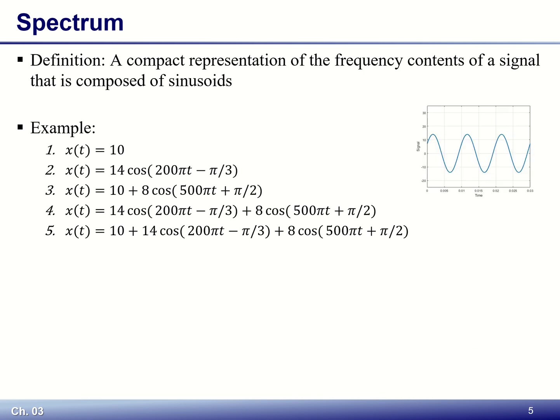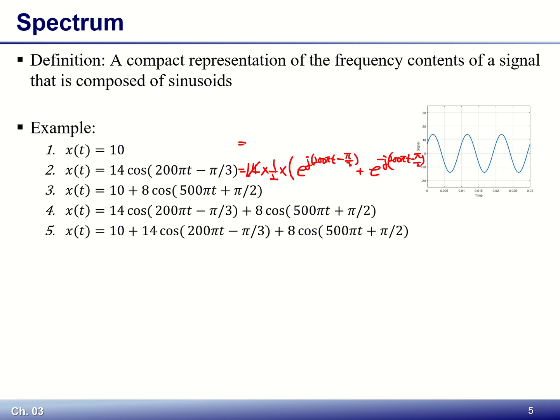What about the second one? This is 14 times a half, using the Euler expression, exponential(j(200 pi t minus pi over 3)) plus exponential(minus j(200 pi t minus pi over 3)).